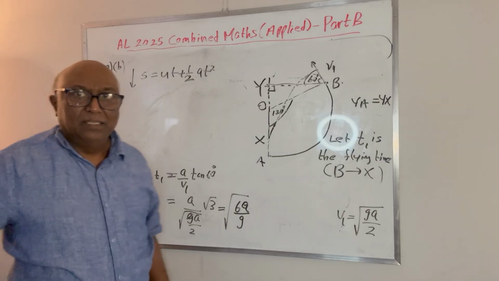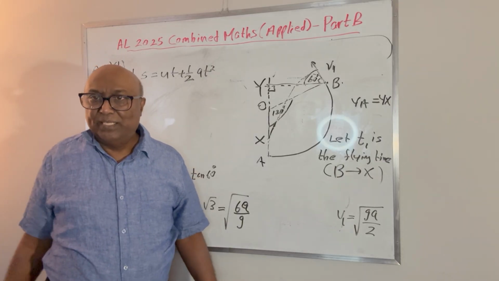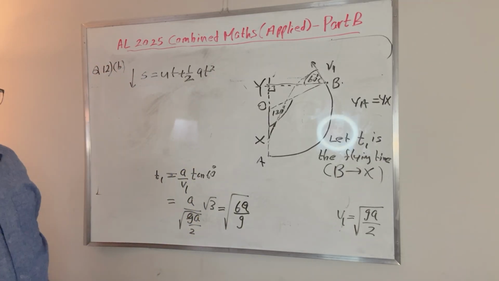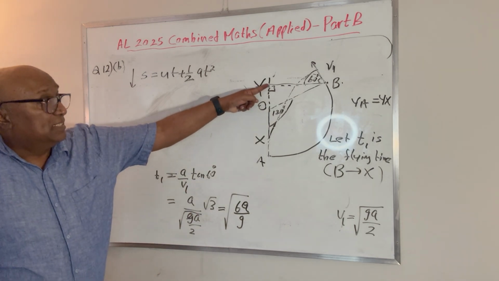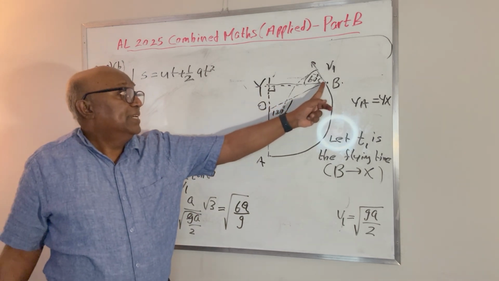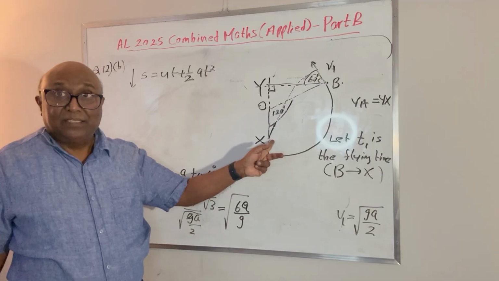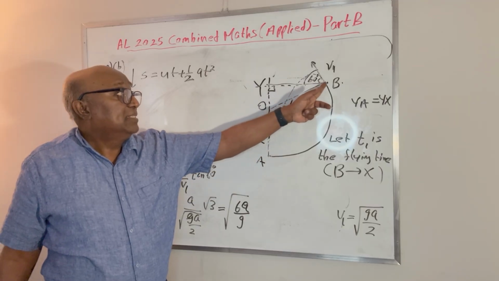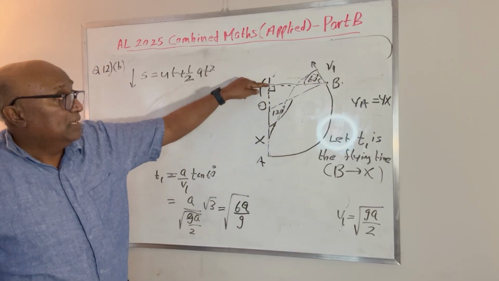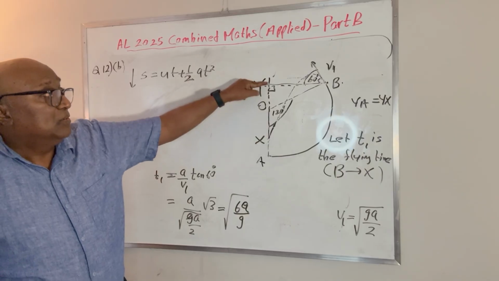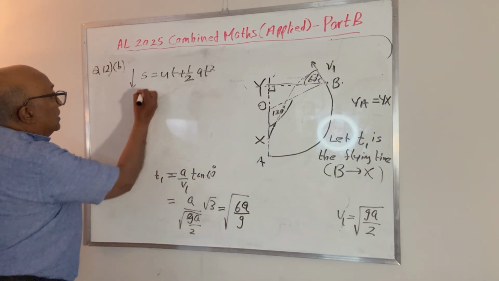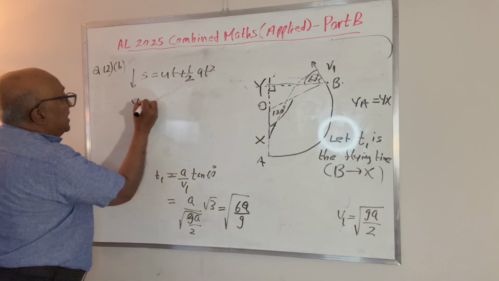Let's apply this equation of motion in downward direction. What is x? That means the vertical distance between B and x. The vertical distance between B and x is simply yx. Instead of x, I am writing yx.